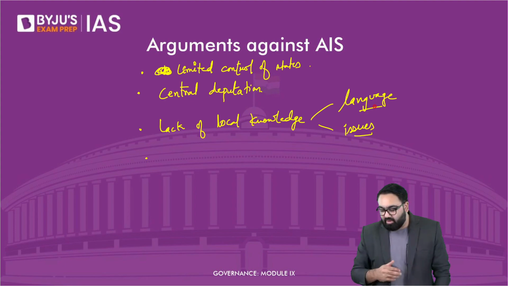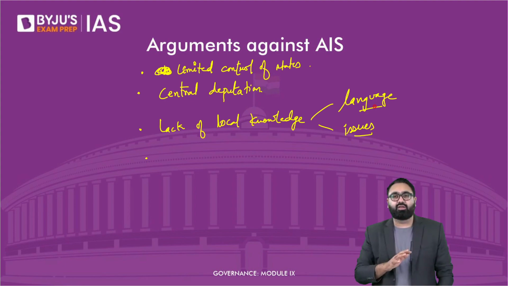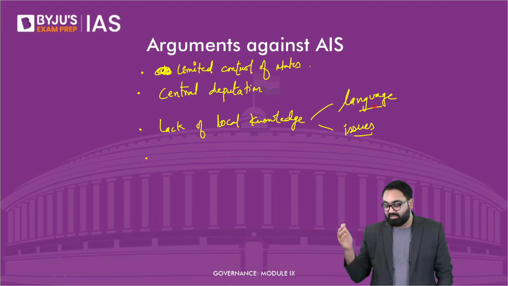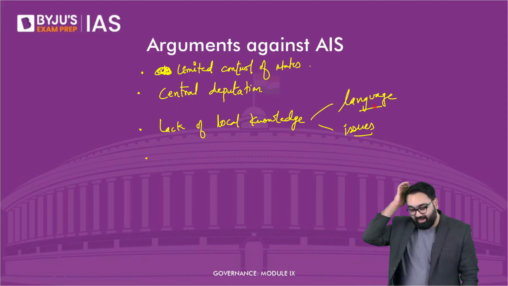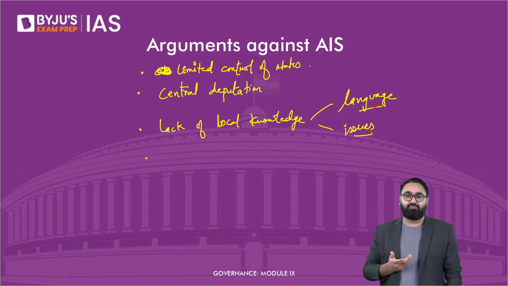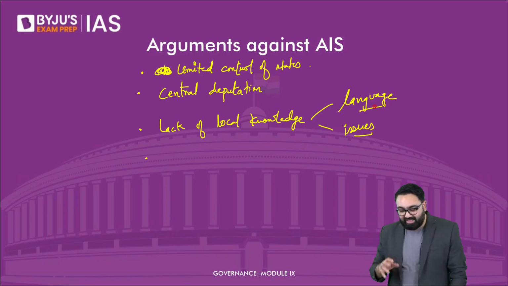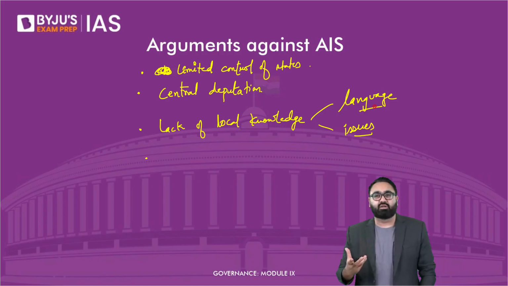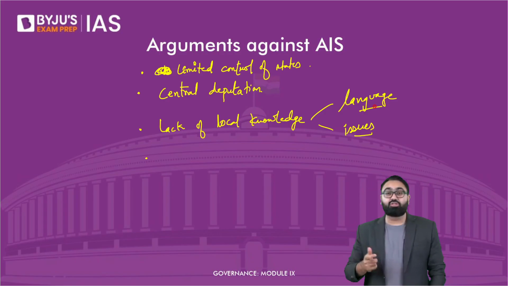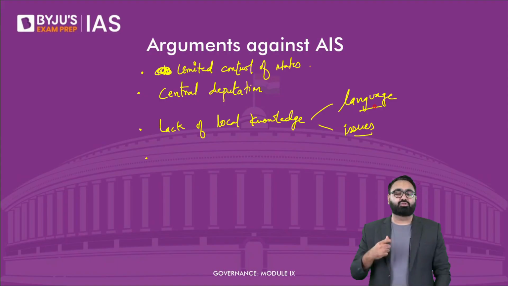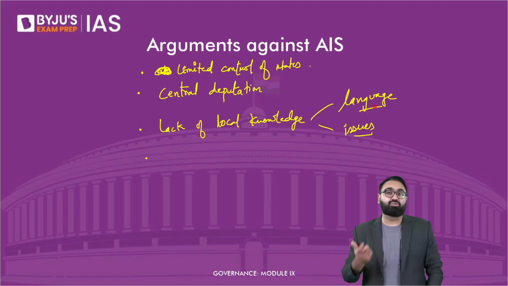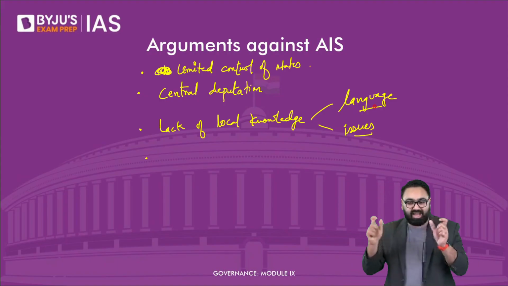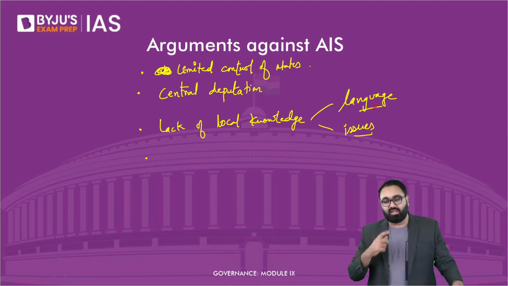They will come to you, sir, I did not get this, sir, a riot has happened, sir, this killing has happened, sir, someone is taking out a rally, sir, there's a curfew, please come. These are the things that usually happen day to day when you become in charge of the district. So your knowledge of local issues and local language has to be much, much stronger. That becomes a slight barrier when you are in an all India service.